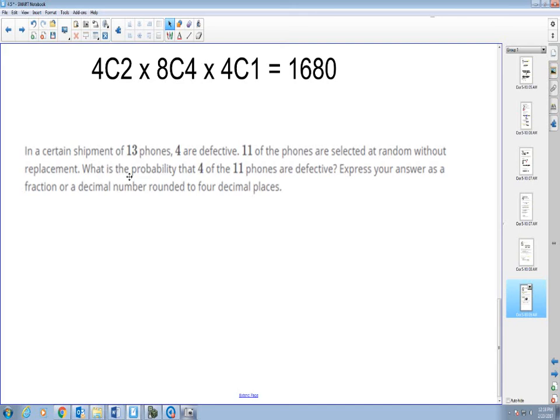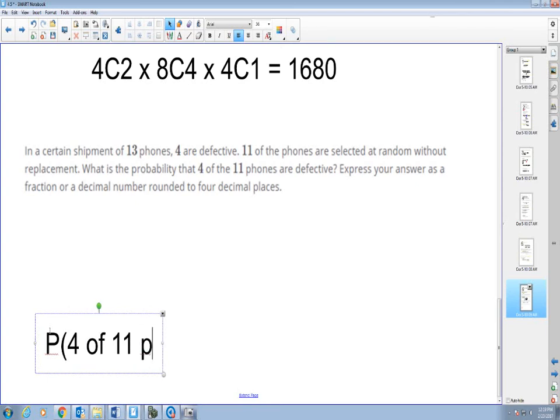So what is the probability that 4 of the 11 phones are defective? Okay, very interesting. So let me write the problem down. What is the probability of 4 of the 11 phones that are defective?